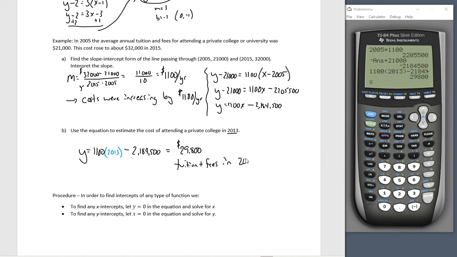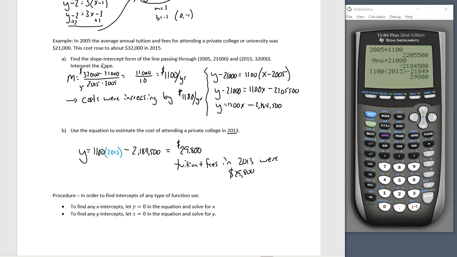And we'll write that in a horrible sentence because the problem started with words. We're going to end it with words. The tuition and fees in 2013 were $29,800. All right, and we have completed the problem.